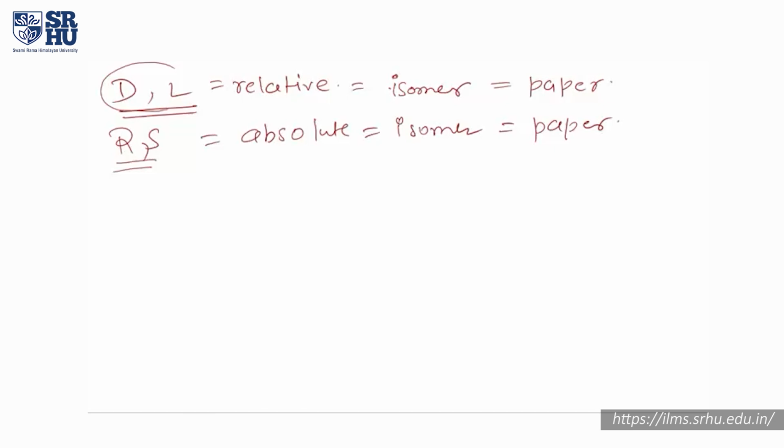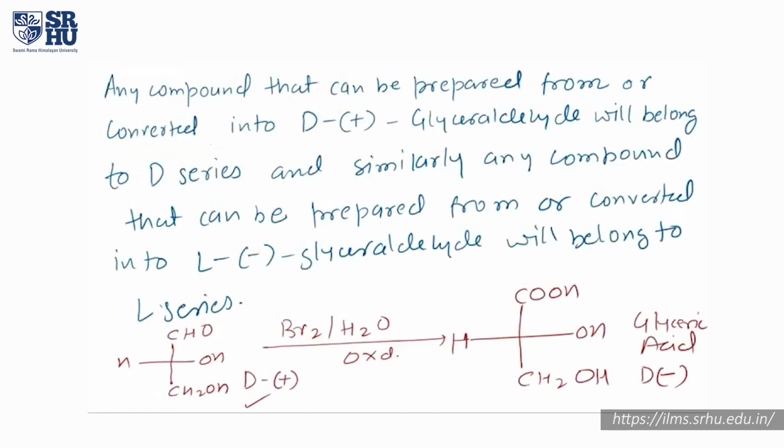But how can we identify whether an isomer that is D is dextro or levo? If a molecule is obtained from D-glyceraldehyde, which is dextrorotatory, obviously its family will be D, but you don't know whether it is dextrorotatory or levorotatory. It may be levorotatory, or it may also be dextrorotatory. As in the case of glyceric acid, which is D, don't think that capital D means dextrorotatory.